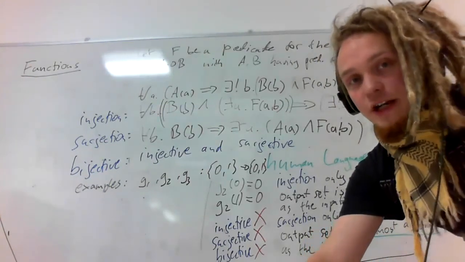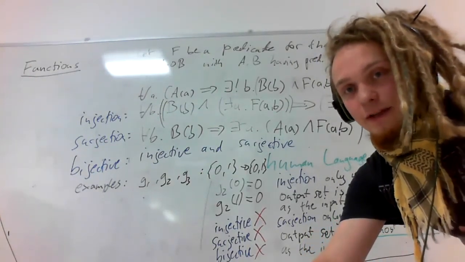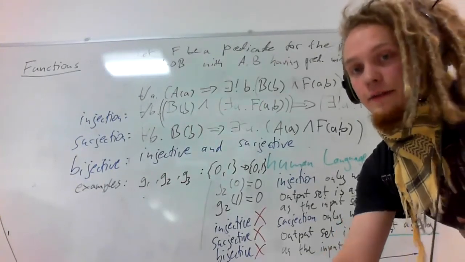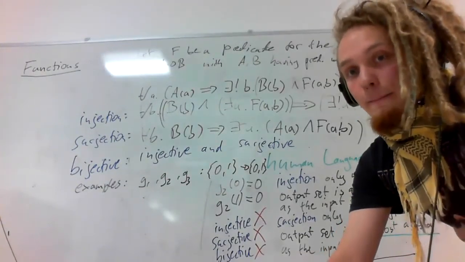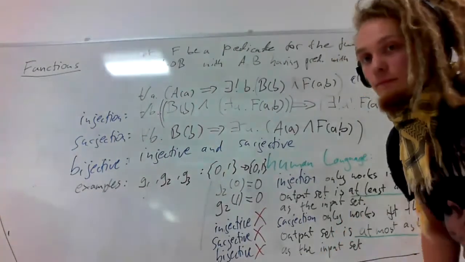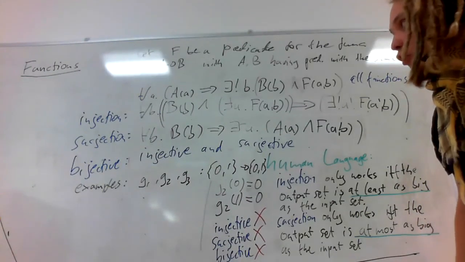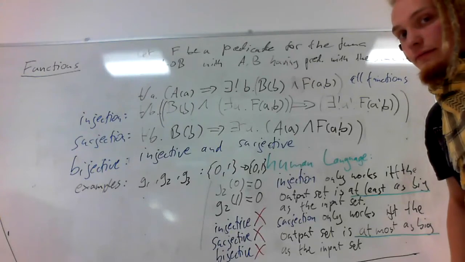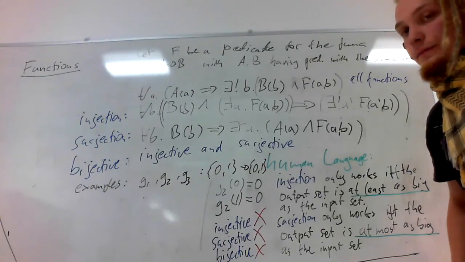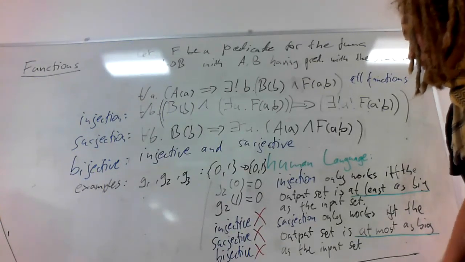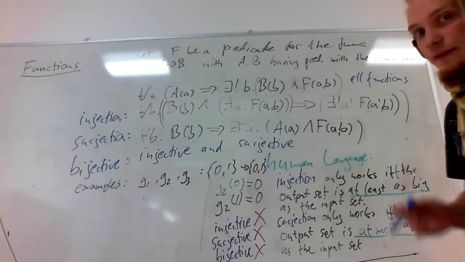So if you have injection and surjection at the same time, then the cardinalities of the sets are equal. However, if you have only one and not the other, then you only know something about the sizes of the sets.